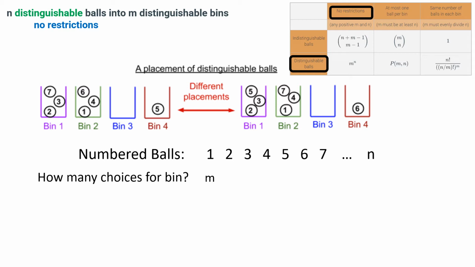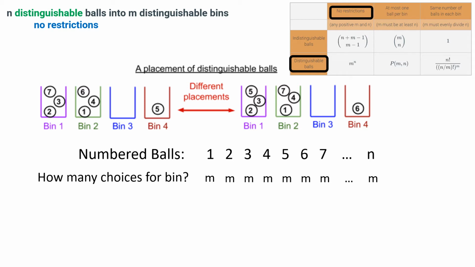I could put all of the balls in the same bin, so it's independent of what I did for the first ball. How many different bins could I put ball number 2 in? Again, we would have m choices.